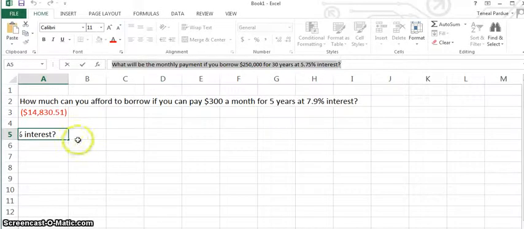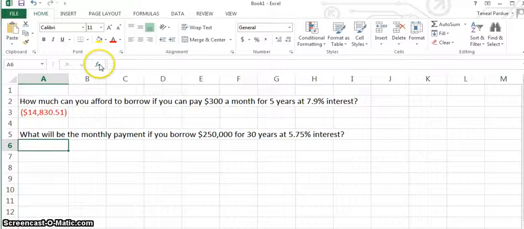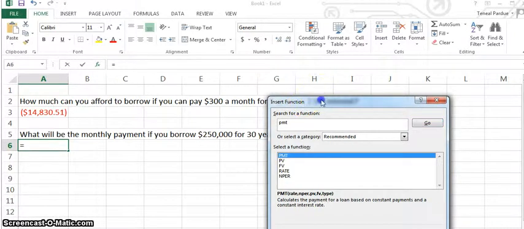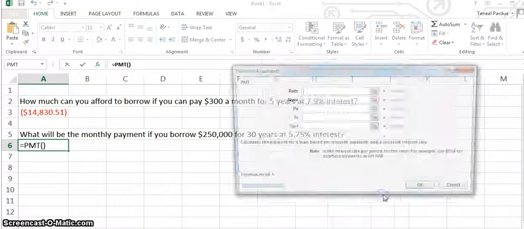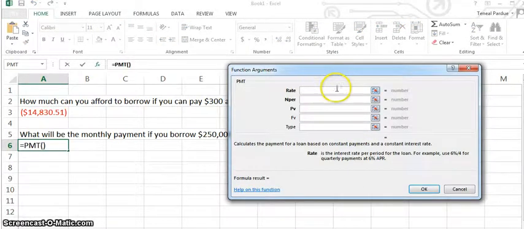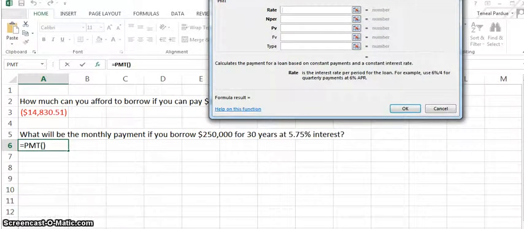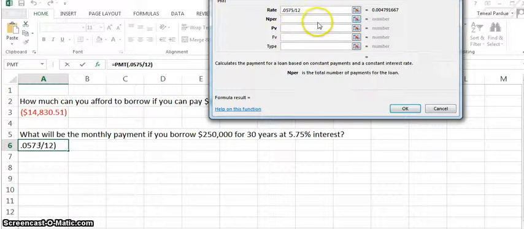Let's go over here and see if we get the same thing down here, as we should. We're going to go to Insert Function and search for PMT. We find our function PMT, and the rate is 5.75%, so 0.0575 divided by 12 compoundings per year, 12 payments per year.